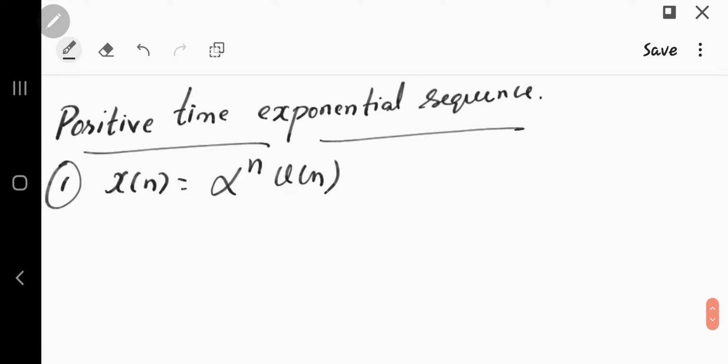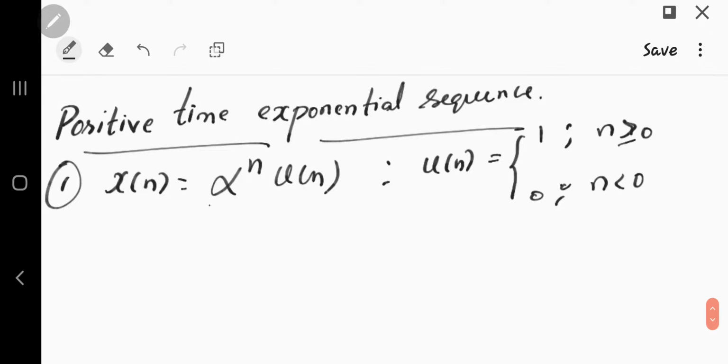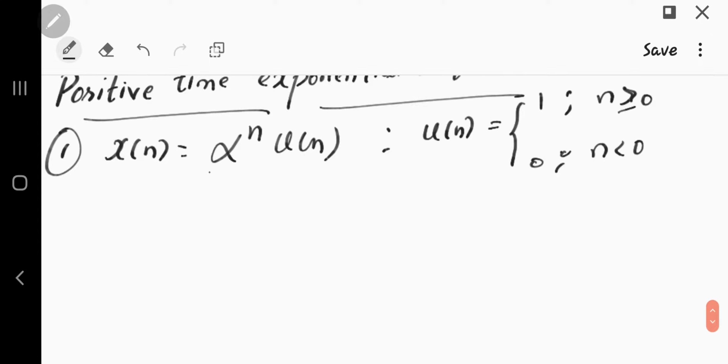So it is positive time sequence, so that's why I have taken positive time exponential. Alpha n will be an exponential sequence, and u of n is present only for positive time, because u of n is equal to 1 for n greater than or equal to 0, and it is 0 for n less than 0. So this is the reason.